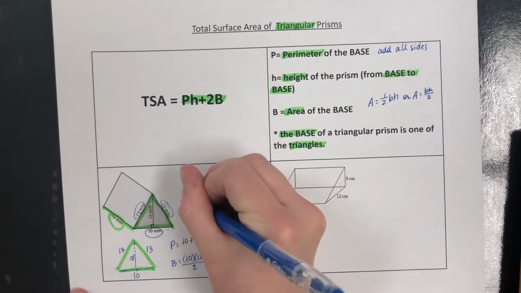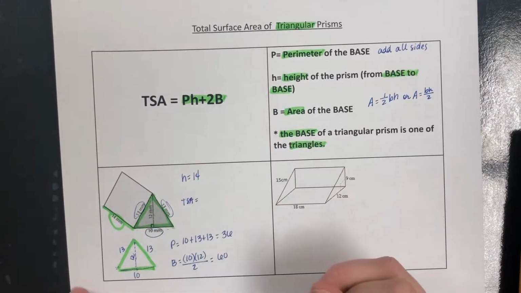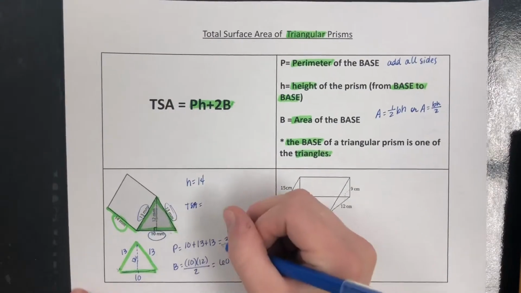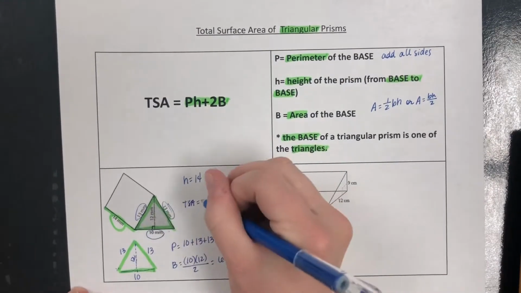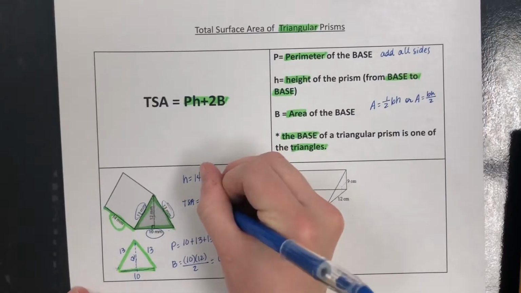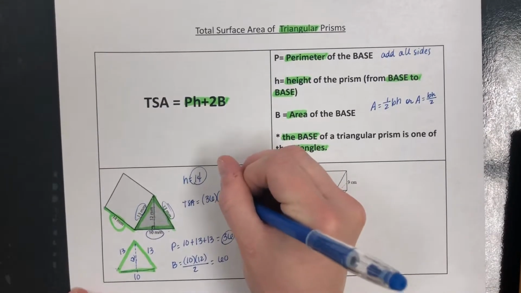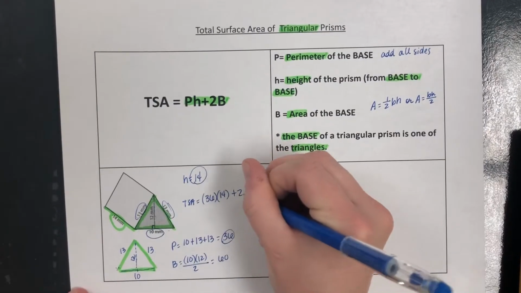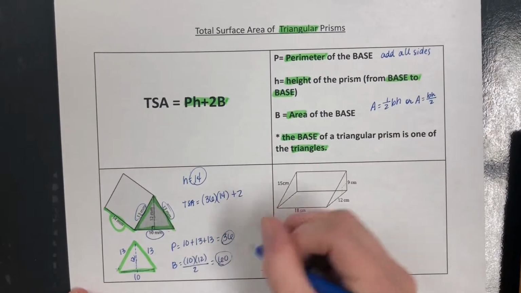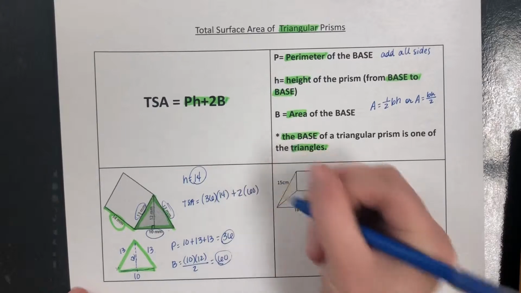Okay, so now we can plug all those pieces into our formula. So the total surface area equals P, which is 36, times H, which is 14, plus 2 times the area of the base, which is 60.